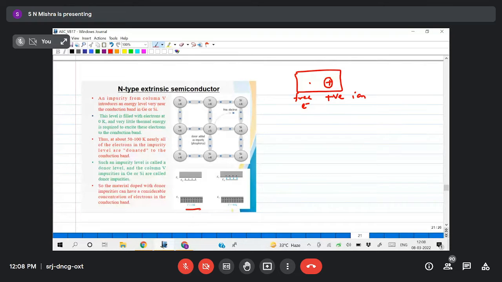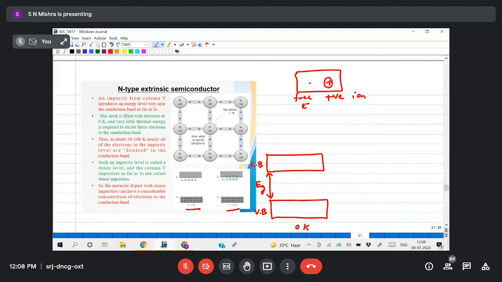Now we'll see a little bit about the band diagram at different temperatures. So you can see here I have shown two band diagrams. Let me again draw it. Suppose I take the band diagram of this extrinsic material at 0 Kelvin. So what I told, this is your valence band and this is your conduction band, and in between that, this is the forbidden energy gap, that is Eg.